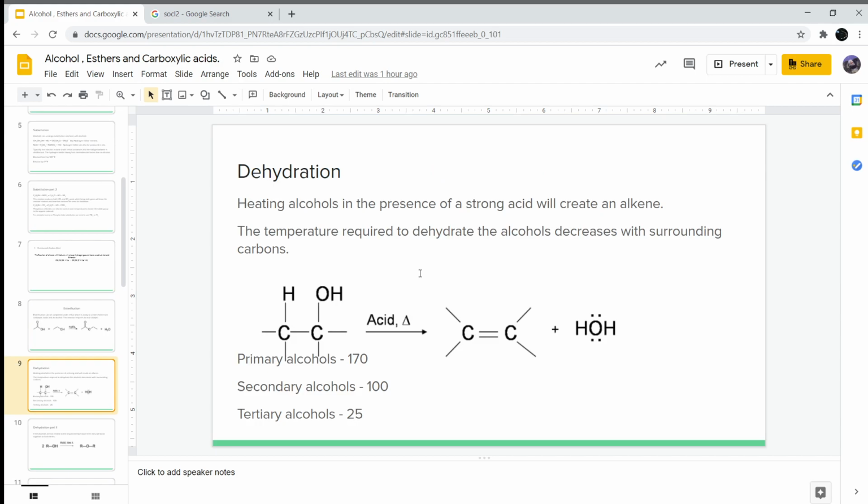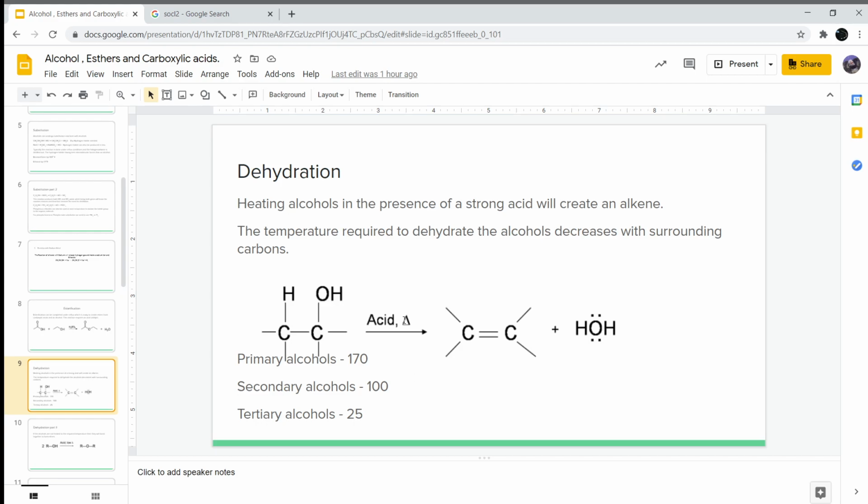The next type of reaction is going to be a dehydration reaction. And remember, a dehydration is when we're trying to remove a water from a carbon compound. For this type of reaction, we have to heat alcohols in the presence of a strong acid. And when we do that, we're going to make some alkenes.